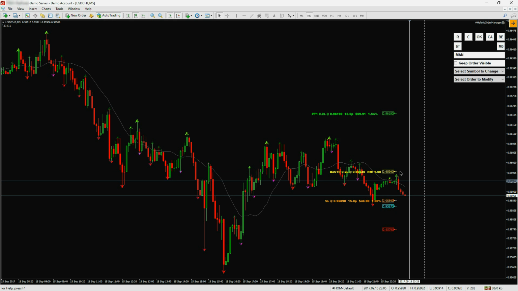So the risk from entry price to the phantom stop is 10 pips. Automatically it will put your initial profit target 20 pips away from the order entry price, which will be 0.96190.